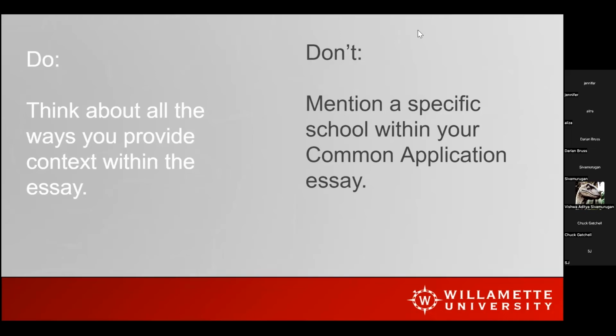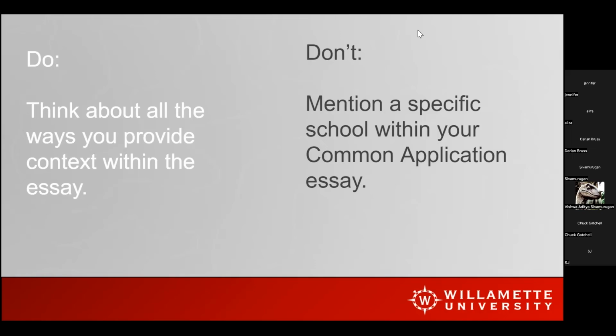So if you apply to Willamette and Lewis and Clark and Whitman and Reed, all parts of the Common Application will go to all four institutions. That means if within your essay you express your undying love for Lewis and Clark, I will get my feelings hurt when I'm reading your essay at Willamette. You just don't want to write with that level of specificity in your essay because you might be submitting it to another place.